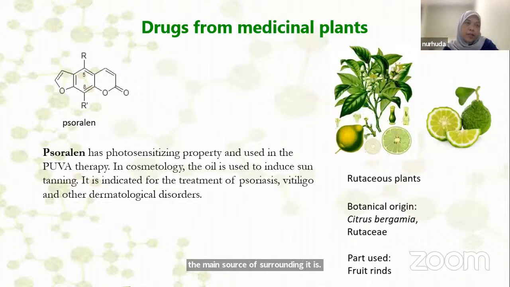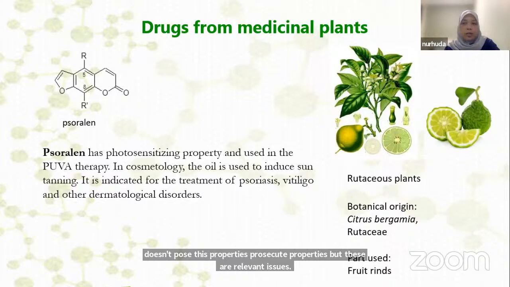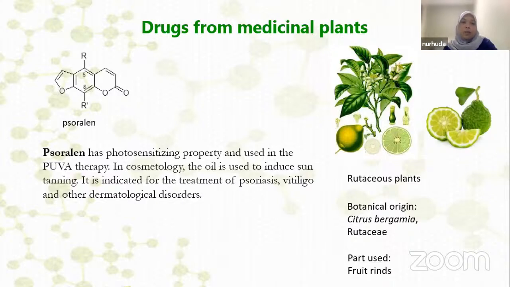It doesn't possess pharmaceutical properties, but psoralen is used to make your skin sensitive to UV. It's photosensitizing. It doesn't heal your condition, but it helps your skin absorb the drug better. They call it PUVA therapy.